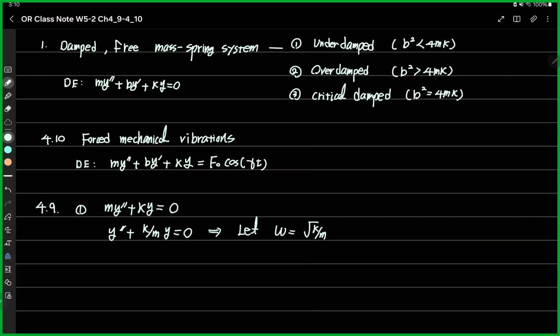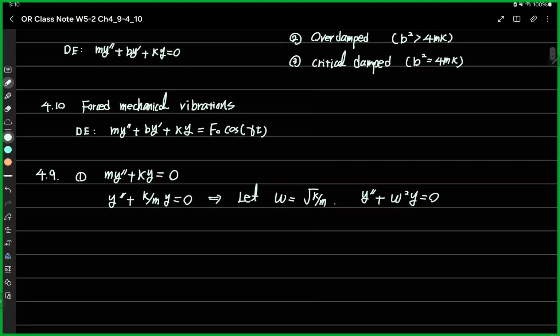Now the equation can be written as y'' plus omega squared y equals 0. So that omega is called the angular frequency, actually. What is called angular frequency? Let's figure that out. So let's find the solution.